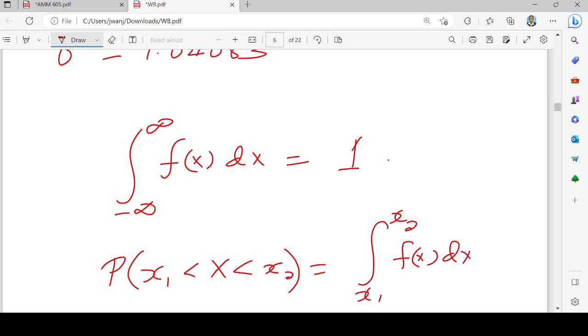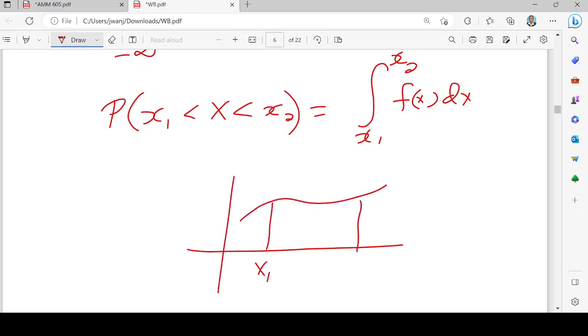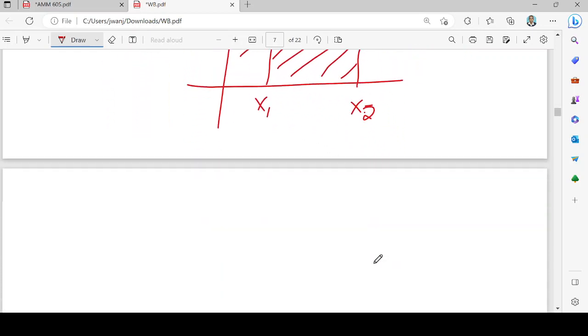This is the area under the curve bounded by the ordinates x equals x1 and x equals x2. This area under the curve represents the probability that the random variable will lie between x equals x1 and x equals x2.